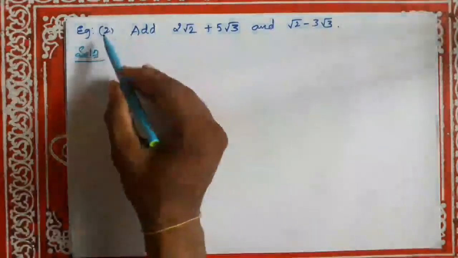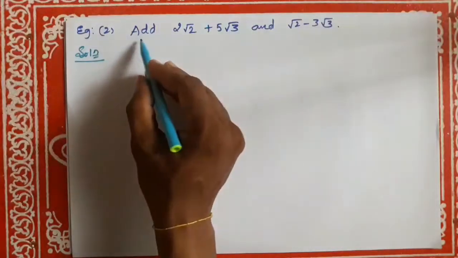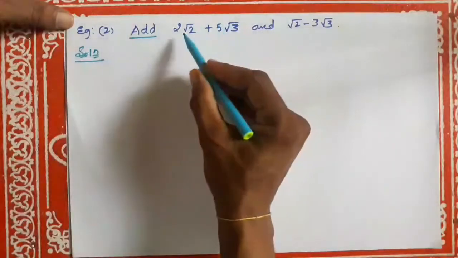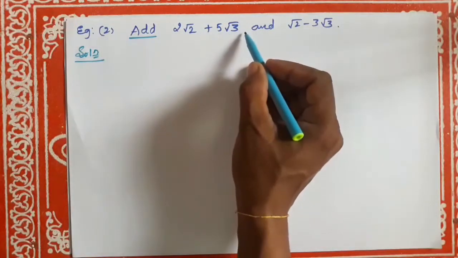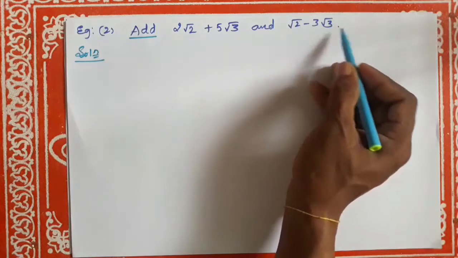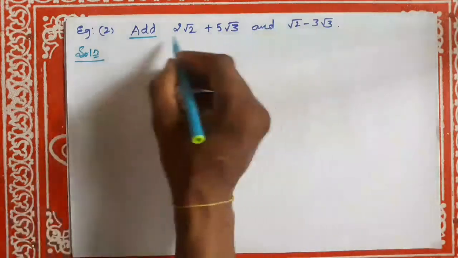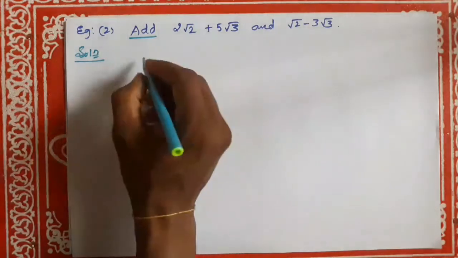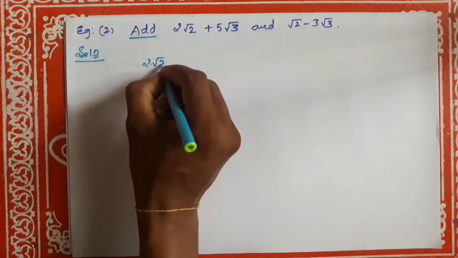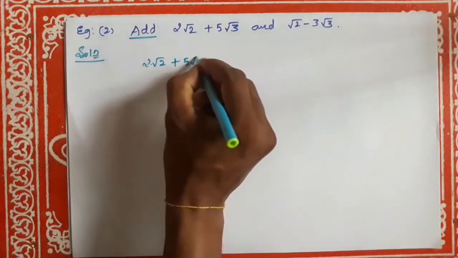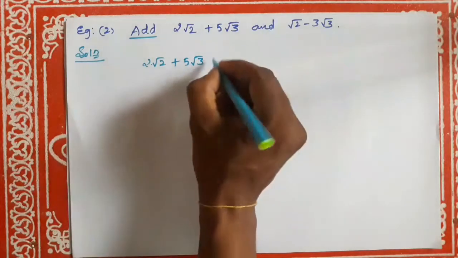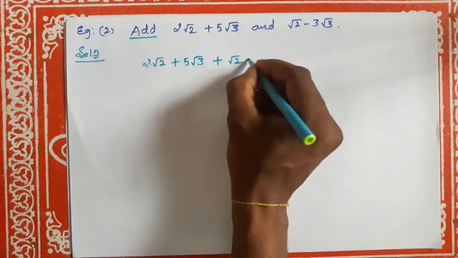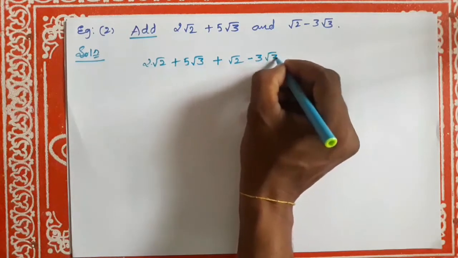Dear students, second example: add 2 root 2 plus 5 root 3 and root 2 minus 3 root 3. Add means we put a plus sign. 2 root 2 plus 5 root 3, and in between we put a plus sign, then root 2 minus 3 root 3.